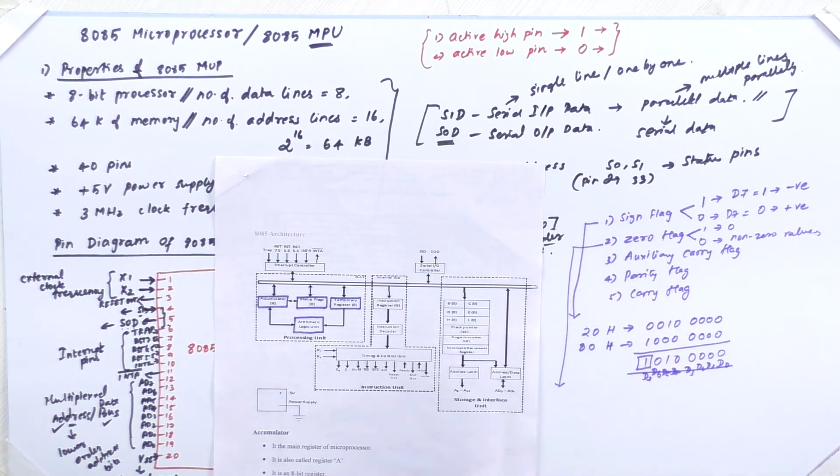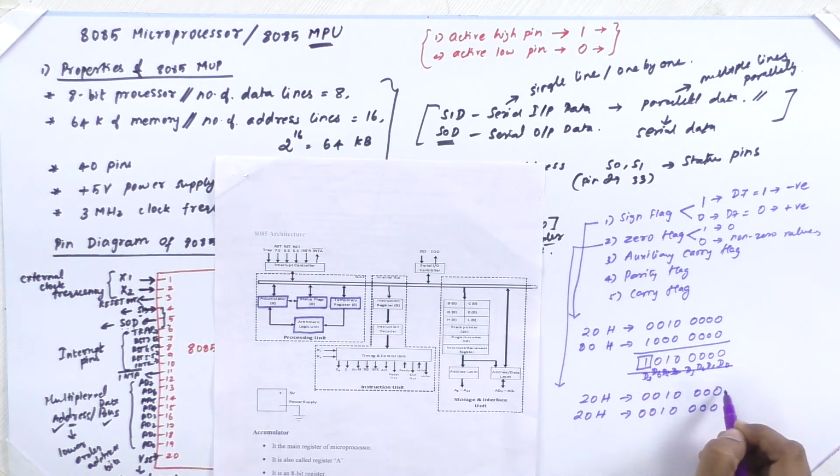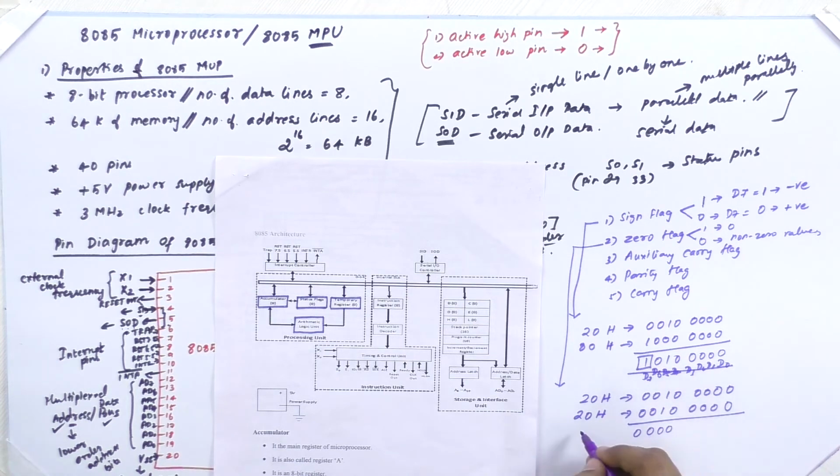It will be explained as, if you complement any value 20H and then 20H, that is if you are performing any XOR operation between the same values, the result we obtained is all zeros.